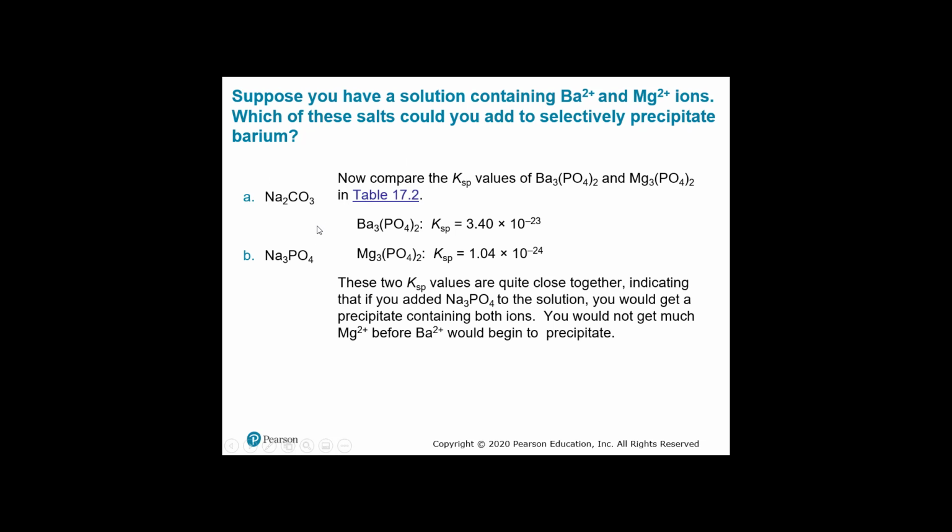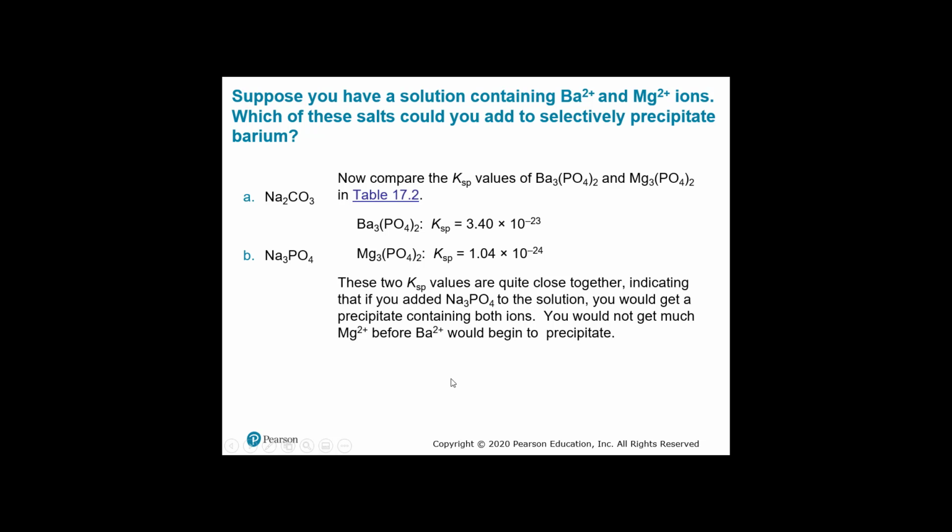So again, suppose you have a solution containing barium and magnesium ions. Which of these salts could you use to selectively precipitate barium? In this case, we compare barium phosphate and magnesium phosphate. We see that there's a difference of only an order of 1. So these two KSP values are very close together.